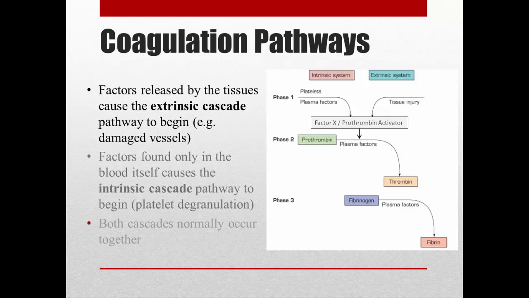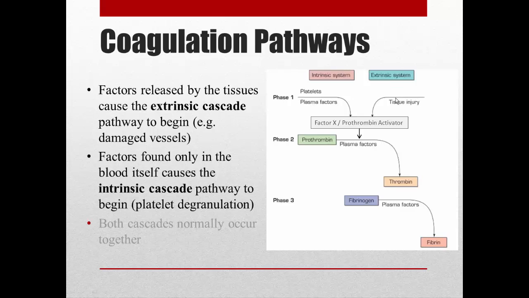The intrinsic cascade starts within the blood. That is, the platelets themselves and the plasma factors, or the clotting factors themselves, can start the intrinsic system. So it's inside the blood, or intrinsic to the blood.